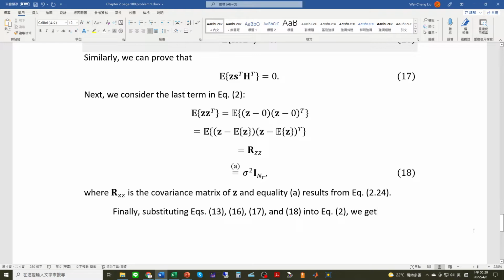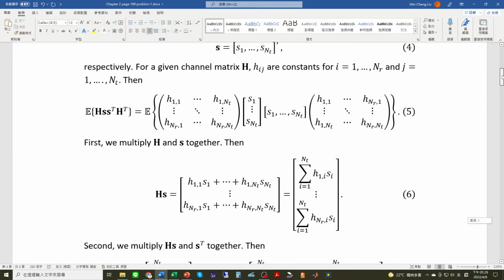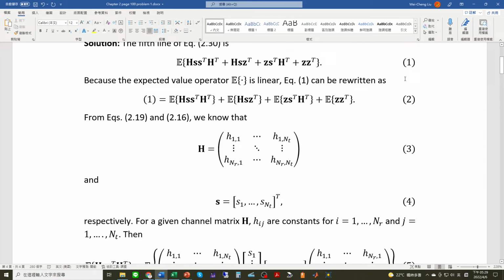Into equation 2. In equation 2, we can see that it is equal to the expectation of these 4 terms.